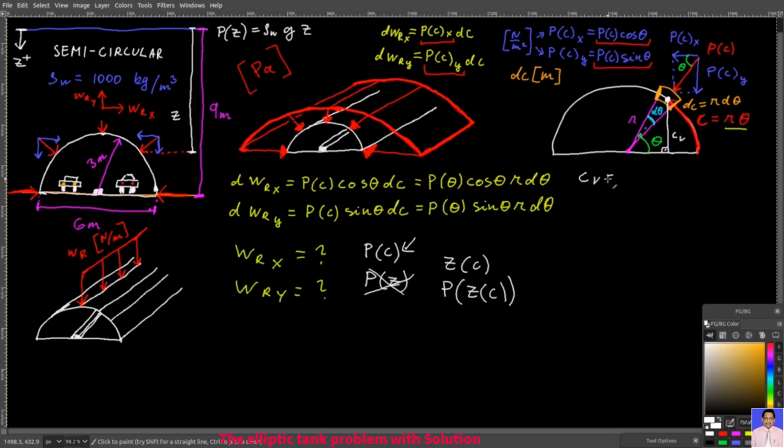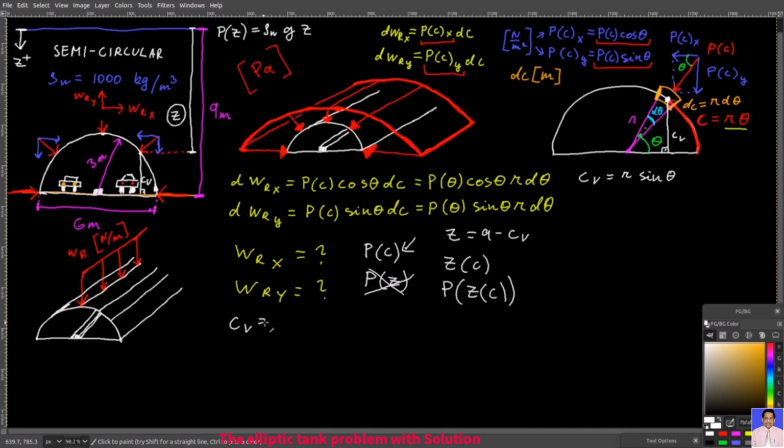That CV equals r times sine theta. And now, for example, if we say that this is our CV and the total depth from the surface of the sea till the bottom is 9 meters, then it makes sense if you write that z equals 9 minus CV. This z here, you get it when you take 9 and from it you subtract CV.